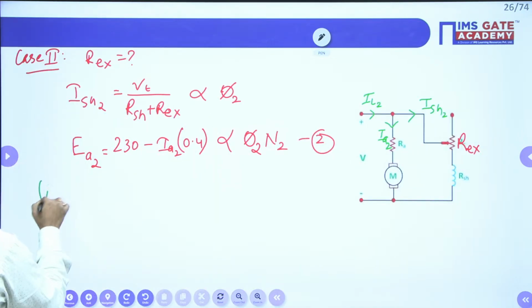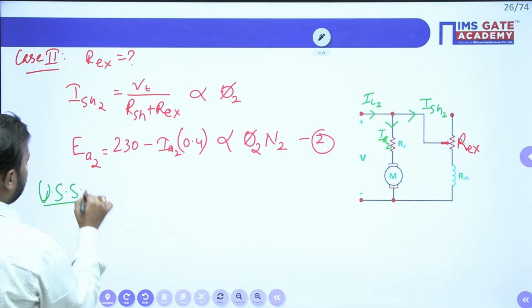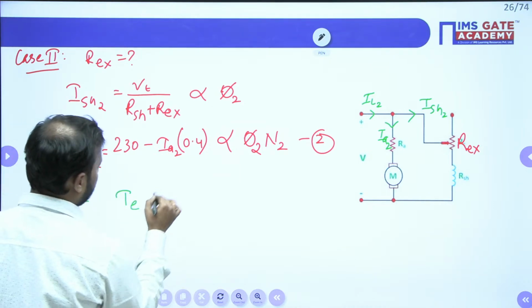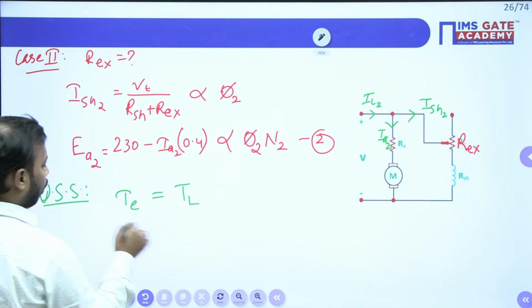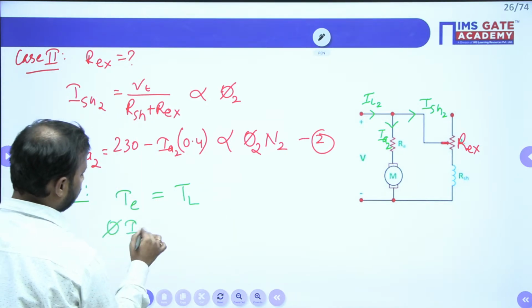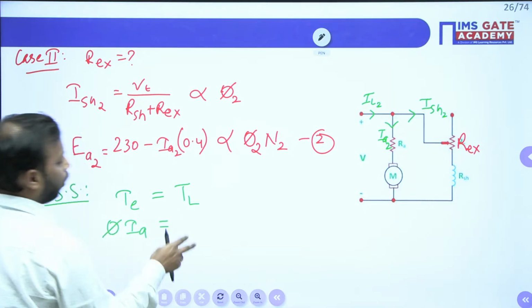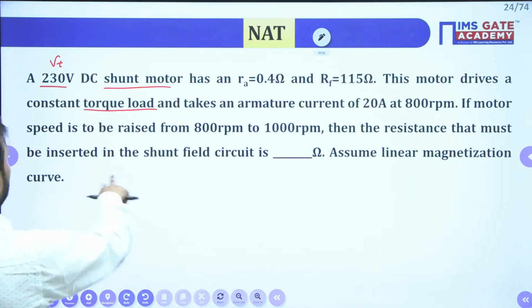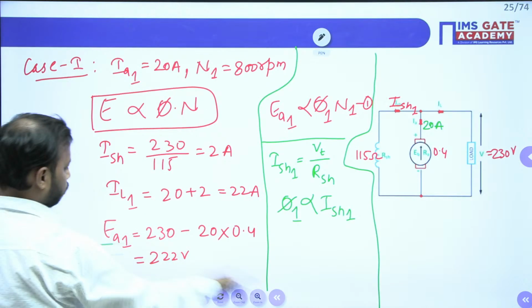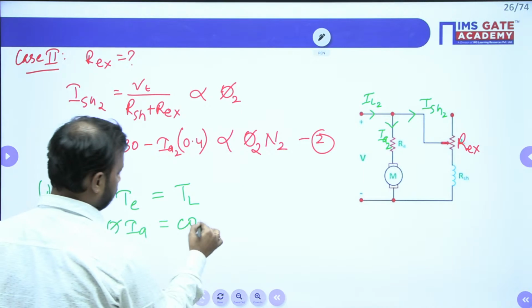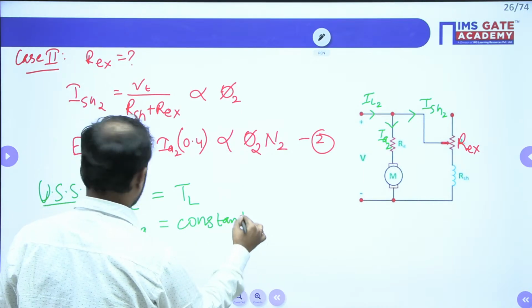Now, under steady state, your electromagnetic torque is equal to load torque. What is electromagnetic torque? Phi into Ia. And load torque is given as constant.